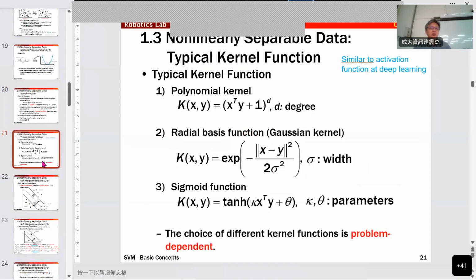Okay, so the kernel functions they introduce you. One is a polynomial, the other is the Gaussian distribution. The third one is sigmoid.